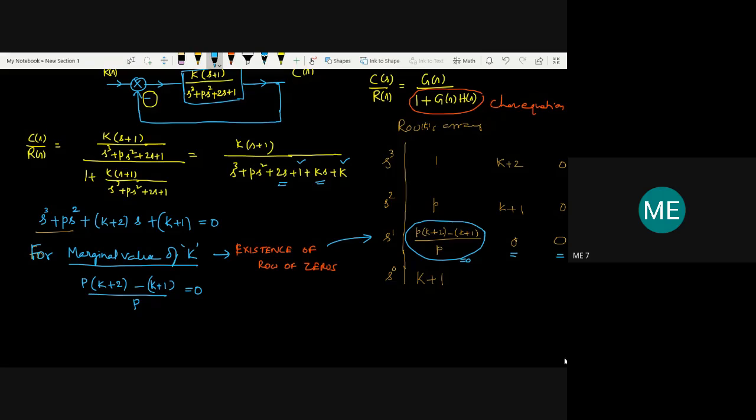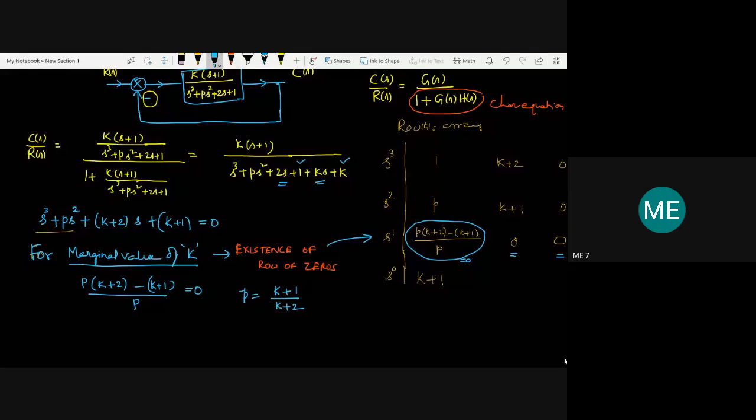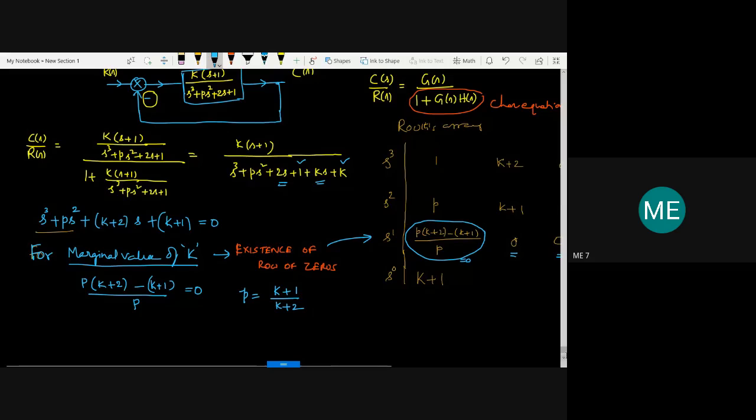If I write this equal to 0, then p into (k plus 2) is equal to k plus 1, so p is equal to (k plus 1) divided by (k plus 2). But still we need to find out the k value.